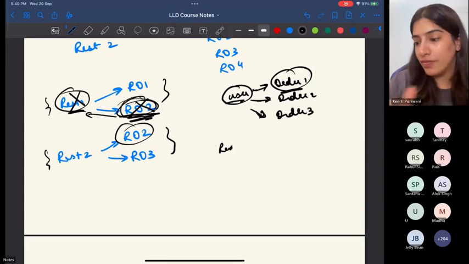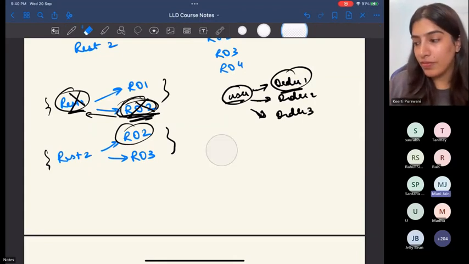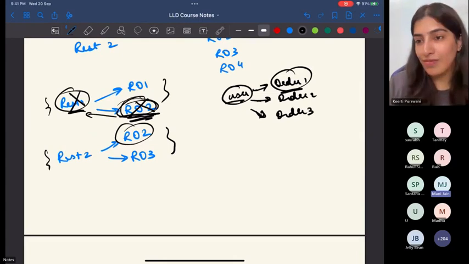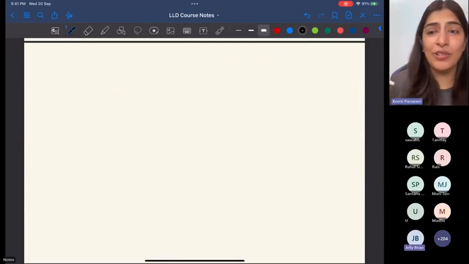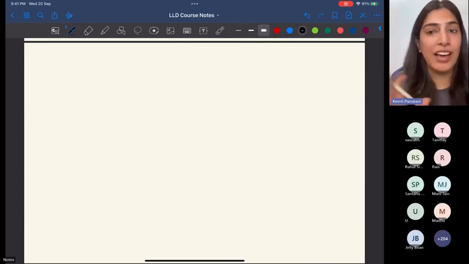Kirti, one question. Why are we so concerned about the restaurant owner? For Swiggy, it is mainly the restaurant, and restaurant owner is an attribute. I am getting confused. It's just an example, don't be so bothered about it.